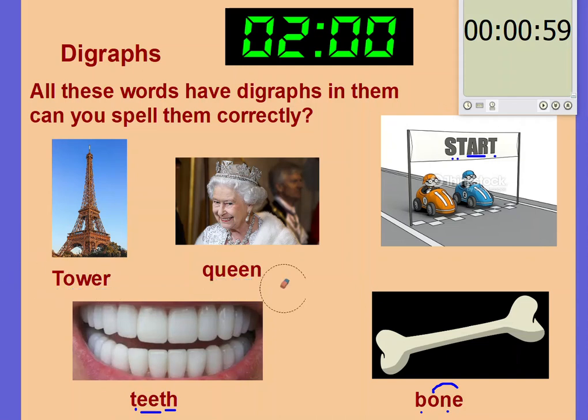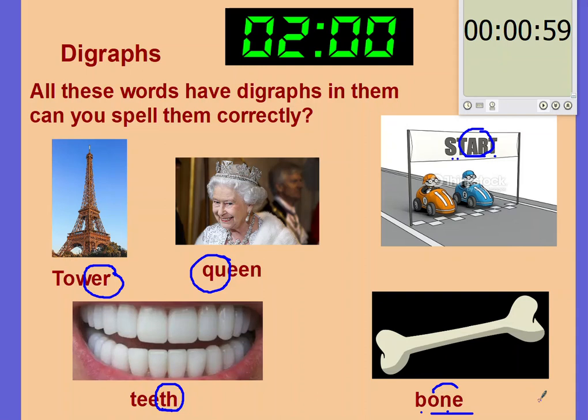So for the first one, I want you to write another word with the digraph ow, another word with the digraph qu, a word with the digraph ar, a word with the digraph th. That can be the beginning or the end, and then a word with this split digraph o-e in it.